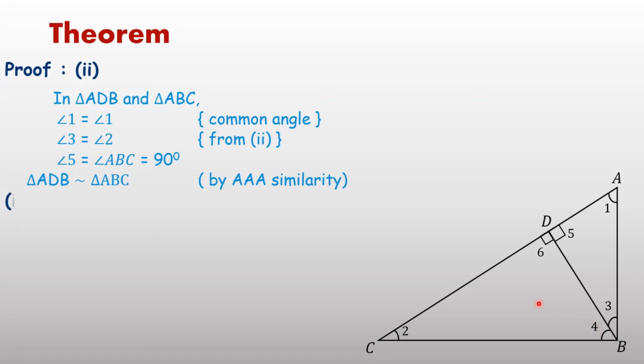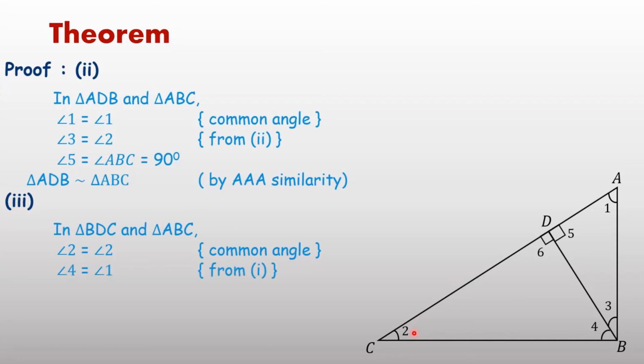In the same pattern, you can easily prove the third part. In the third part, you have to prove BDC is similar to triangle ABC. Now take BDC and ABC. Again here angle 2 is common to both triangles. Angle 4 equals angle 1 from equation first.